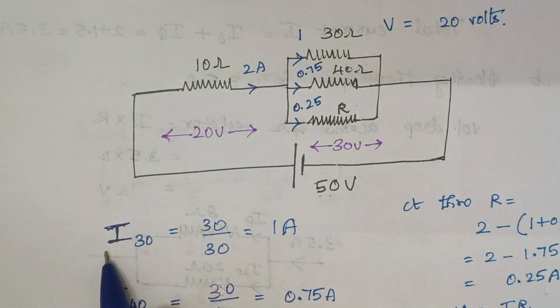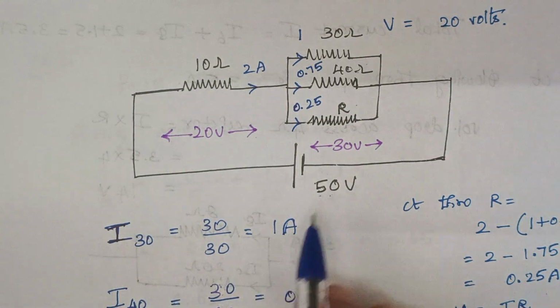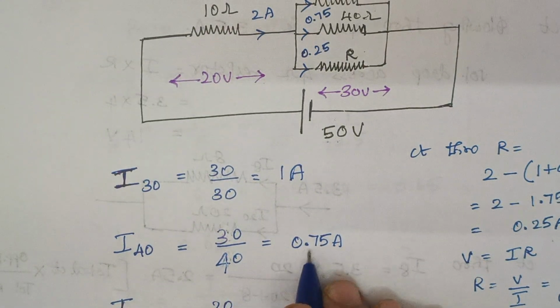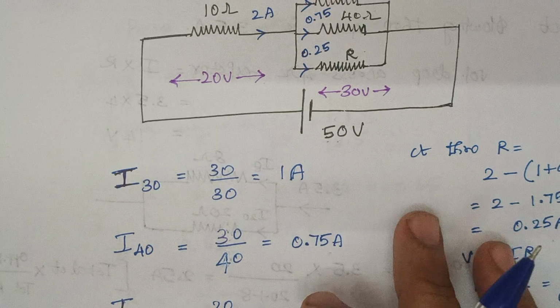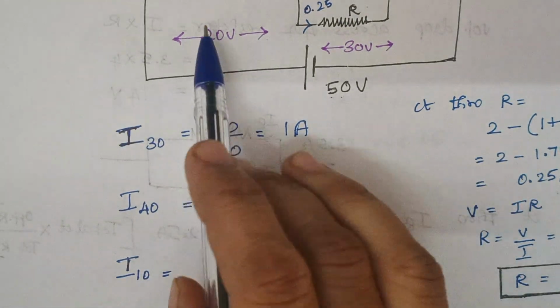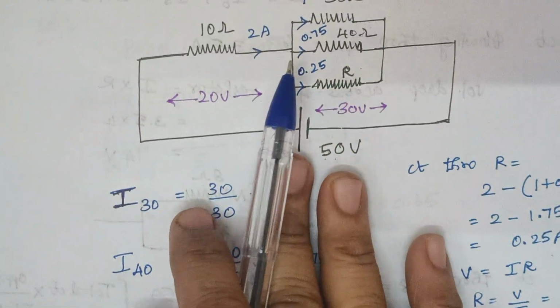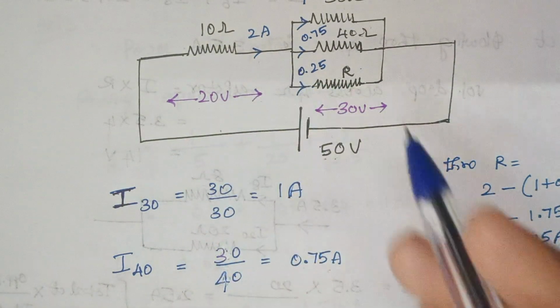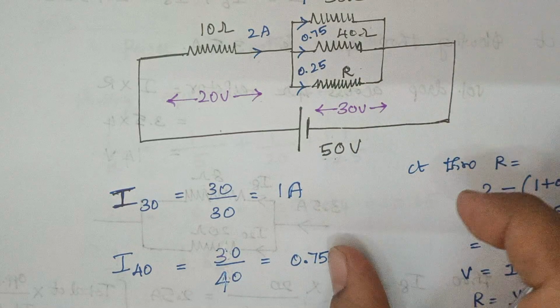So the value of current flowing through the 30 ohm resistor is 1 amp and the value of current flowing through the 40 ohm resistor is 0.75 amps, and again the current flowing through this 10 ohm resistor, right? So we know V, we know R. So 20 by 10 gives 2 amps here, right? Am I making things clear?